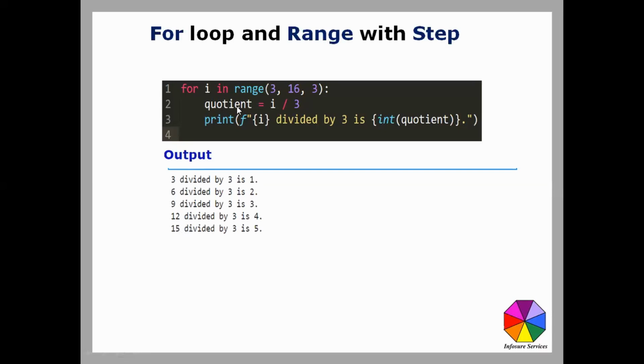Here we are generating a quotient, i divided by 3. When i takes multiples of 3, it goes 3, 6, 9, and we divide by 3 to get the quotient, so it generates 1 for the first value, 2, 3, and so on.